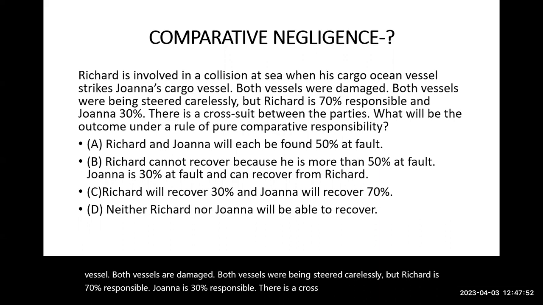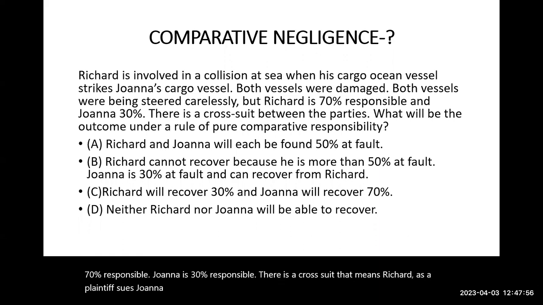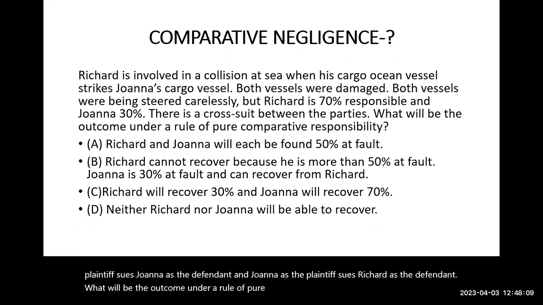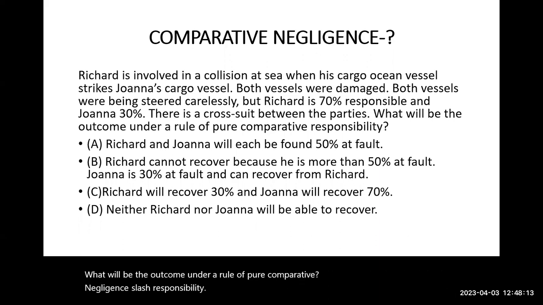That means Richard as a plaintiff sues Joanna as the defendant, and Joanna as the plaintiff sues Richard as the defendant. What will be the outcome under a rule of pure comparative negligence? A, Richard and Joanna will each be found 50% at fault.